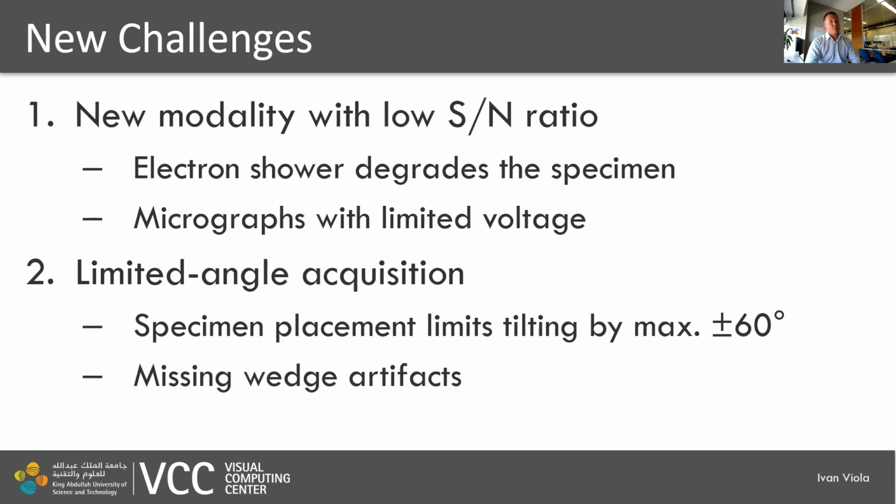So, which means that we have still some angles from which we are not able to image our specimen. And this results in missing wedge artifacts, and I can point out those at some later point in time.